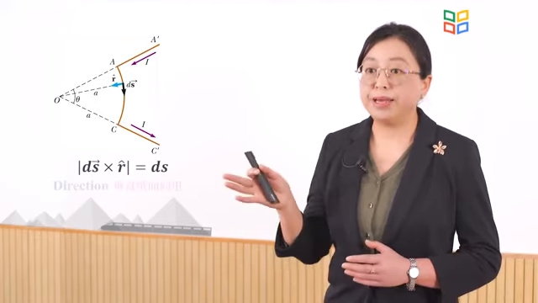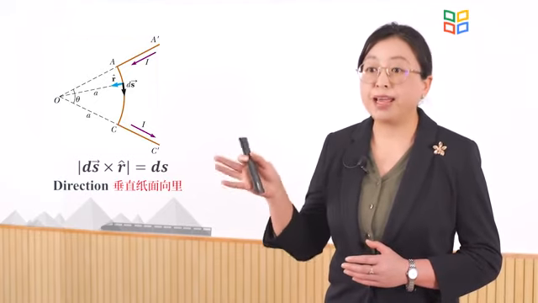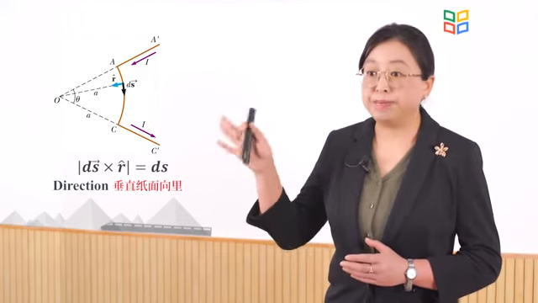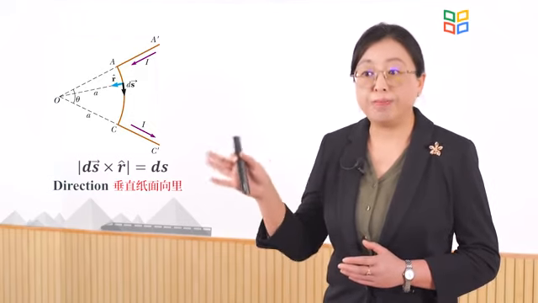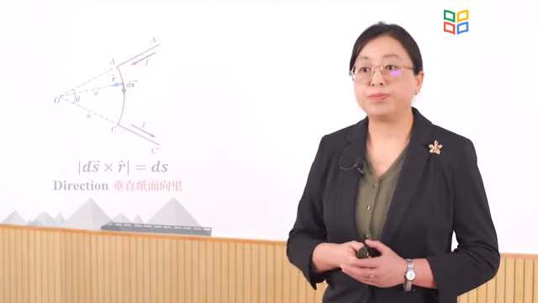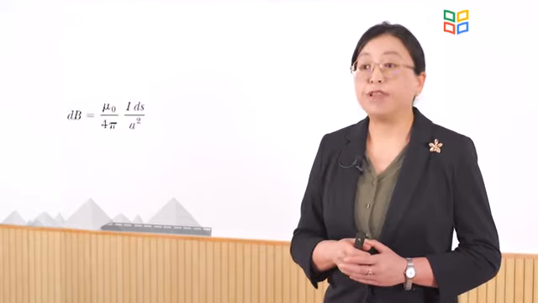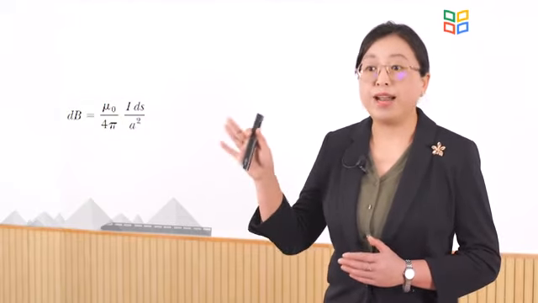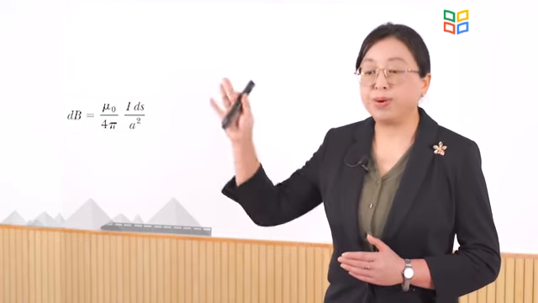We could determine the direction of B by applying the right-hand rule. Each current element produces dB, which is directed into the page at O. Based on this analysis, the magnitude of the field dB at O due to the current in the element of length ds could be expressed by this one.